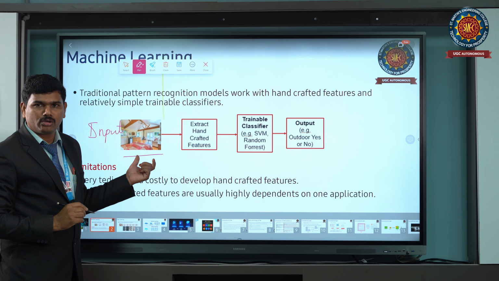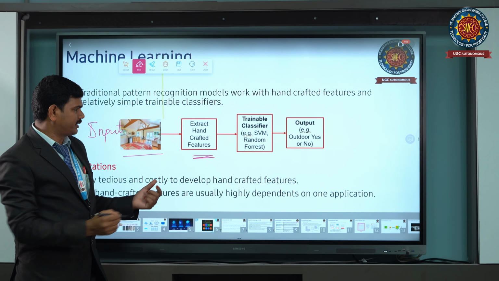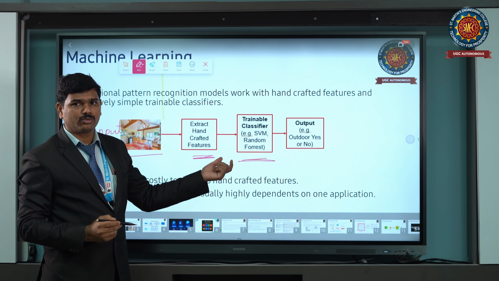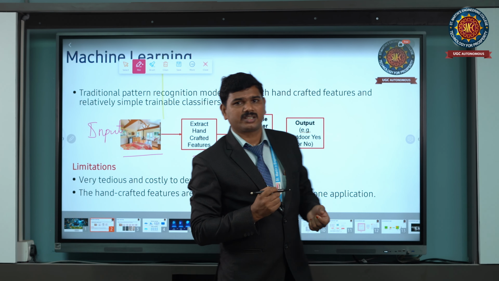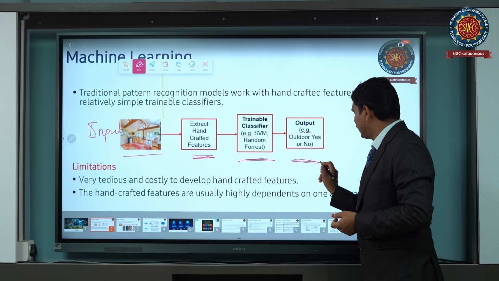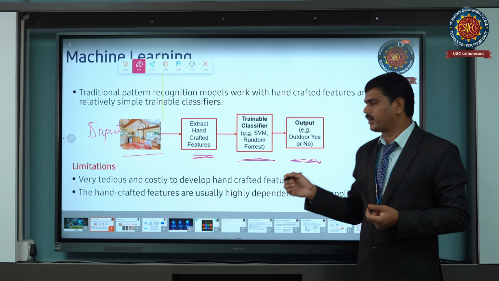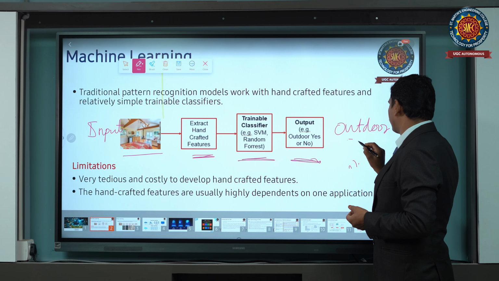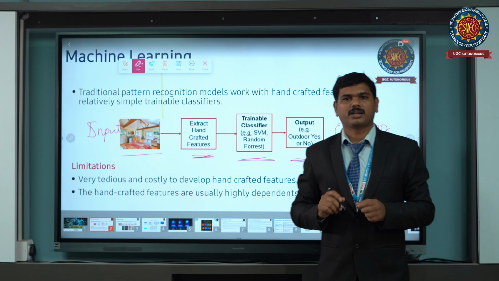This is an indoor image. I am going to extract features from this image. The extracted features are given as input to the classification algorithm. Once the classification algorithm is trained with these features, finally the trained machine will say whether my input image is outdoor or indoor. So this is what machine learning is.